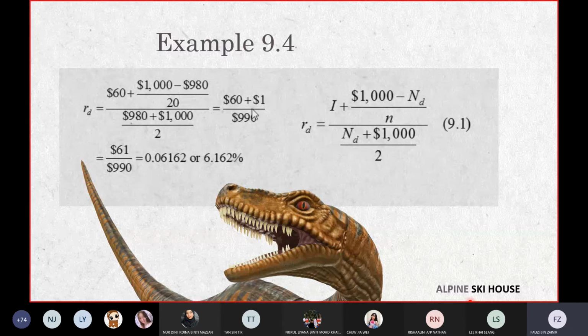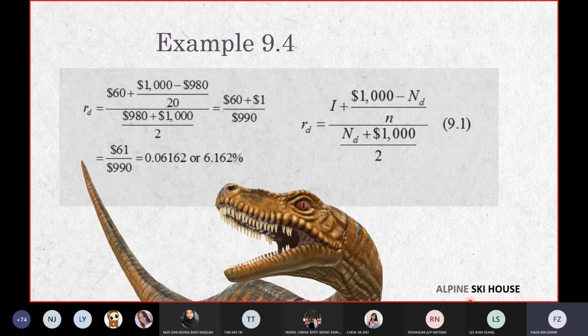All in all, we got around $60 plus $1 over 990, and the end result is 6.162%. This approximate value of the before-tax cost of debt is close to 6.1177%, but it lacks the precision of the value derived using the calculator.